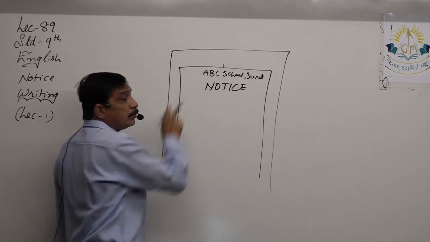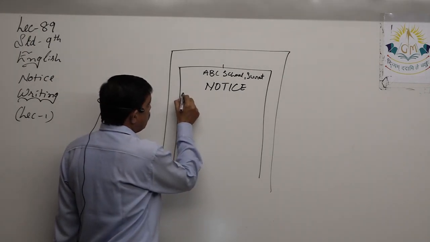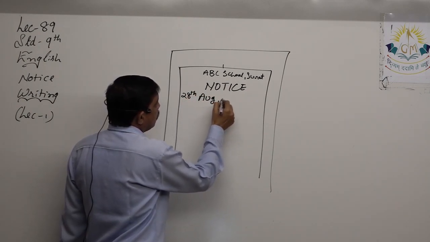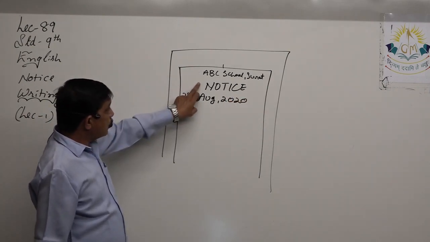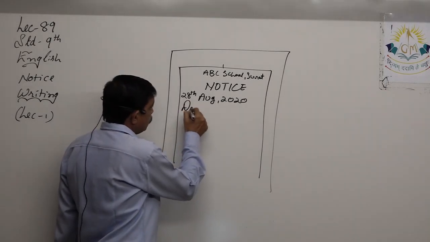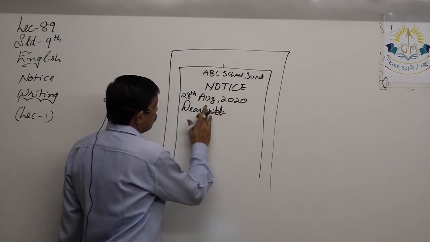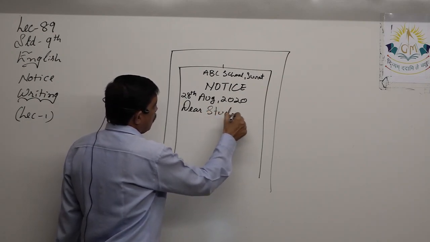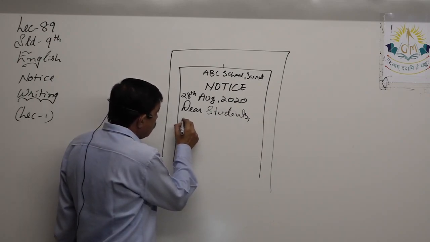See, difference in fonts. Then I have date. Suppose date I write is 28th August 2020. 1, 2 and 3, all different fonts. Yes, then I write dear students. Then what I do is I start writing.